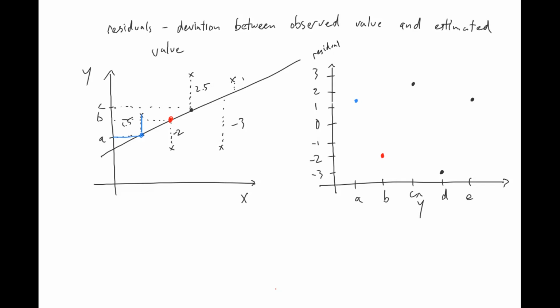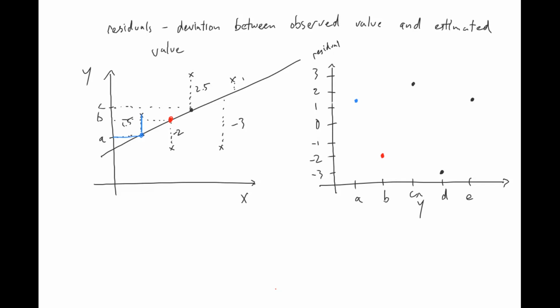Which is each of the corresponding y points along this line. Any questions about how I'm making this, or if this isn't clear?